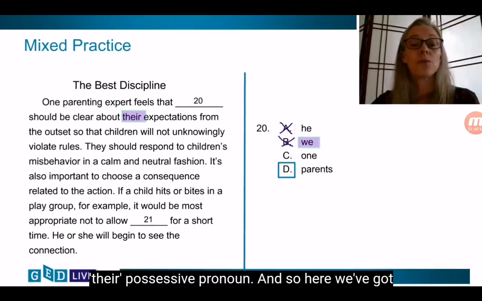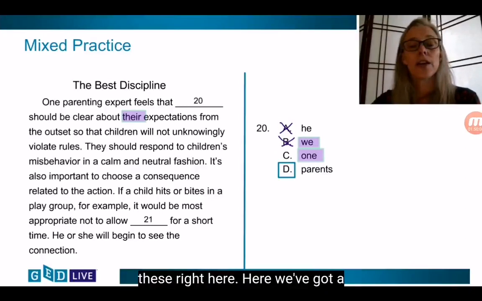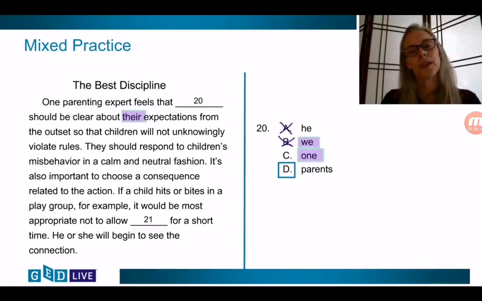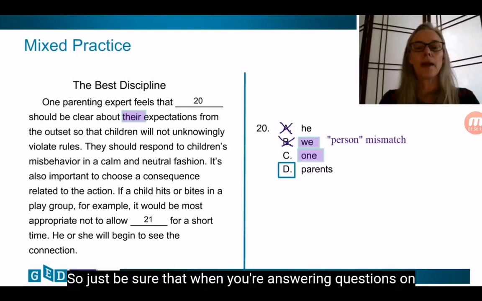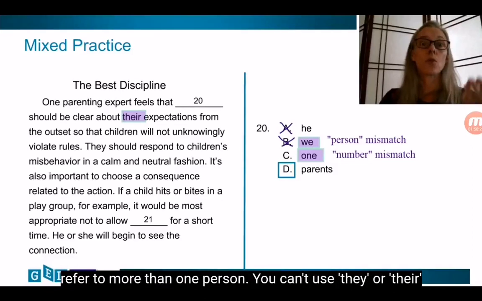And so here we'll actually go ahead and annotate these right here. Here we've got a person mismatch. And here we have a number mismatch. So just be sure that when you're answering questions on the GED RLA test, you go by this rule, right? That "they" always has to refer to more than one person.